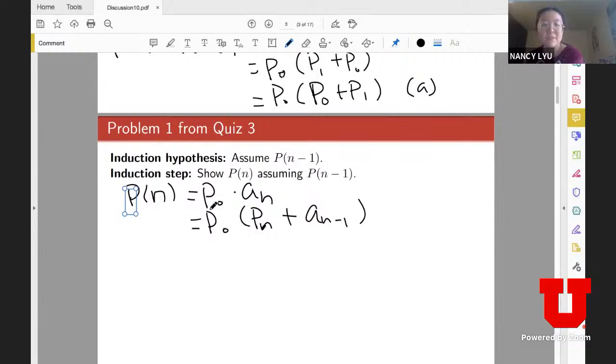Okay. And since we assume that Pn minus 1 is true, I can just write out what Pn minus 1 is here.